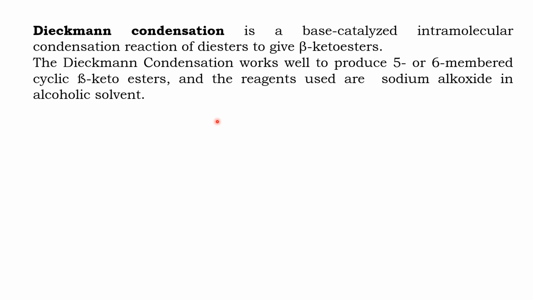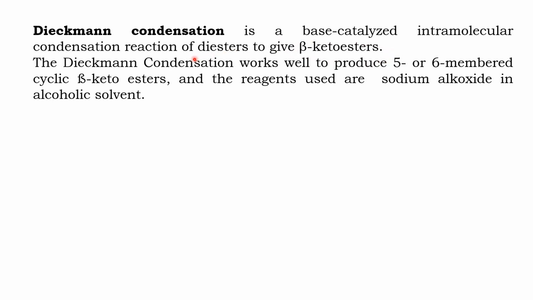Now we move to another reaction, that is Dieckmann condensation reaction or Dieckmann cyclization reaction. It is an intramolecular reaction of diesters. Diesters undergo intramolecular reaction in presence of a base to form beta ketoesters.